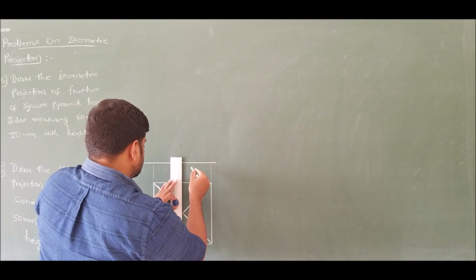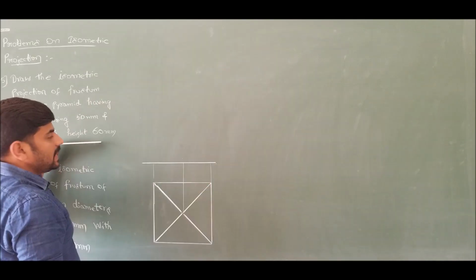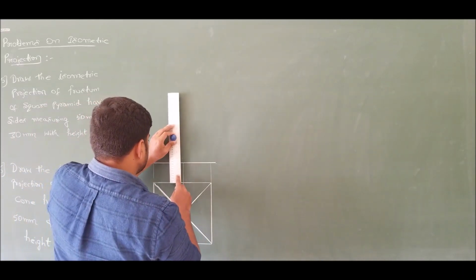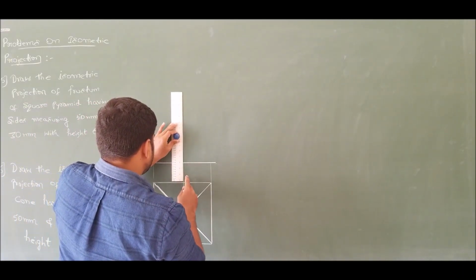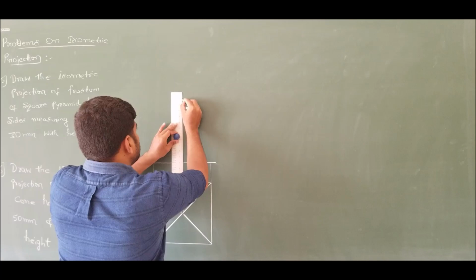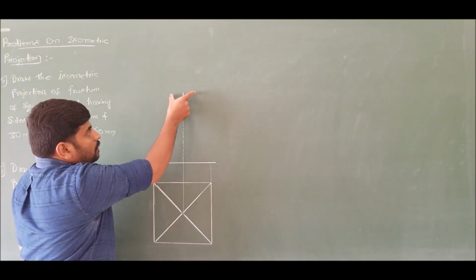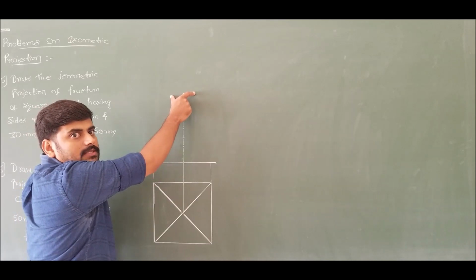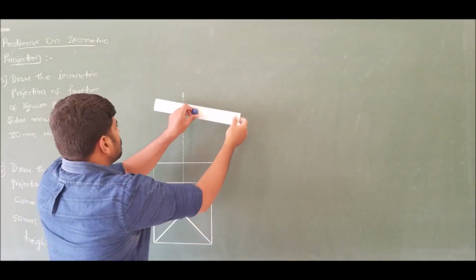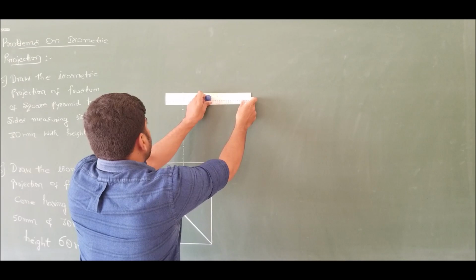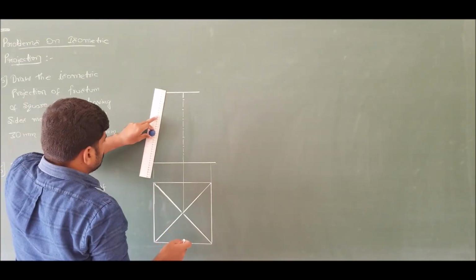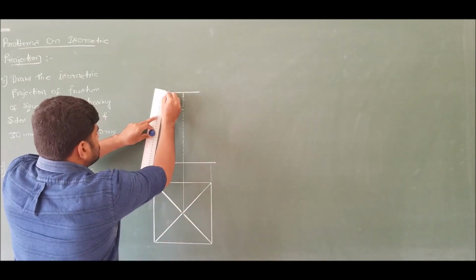Marking the axis of this pyramid, the height is given as 60 millimeters, so mark 60 mm height. Now the top side has a length of 30 millimeters, so mark 15 mm on either side of the axis. Now join the longer edges.